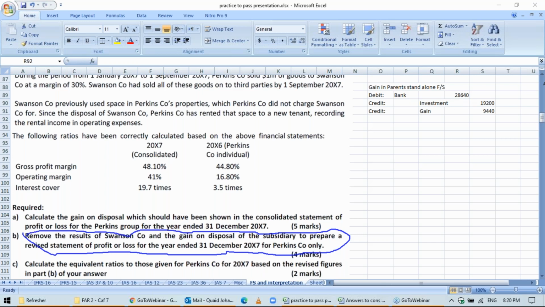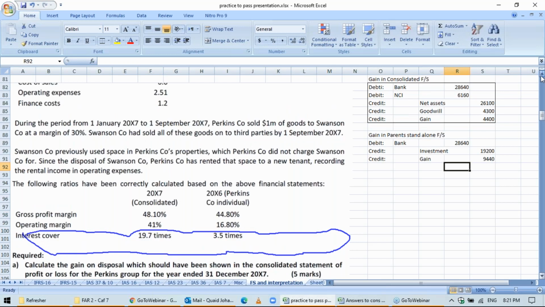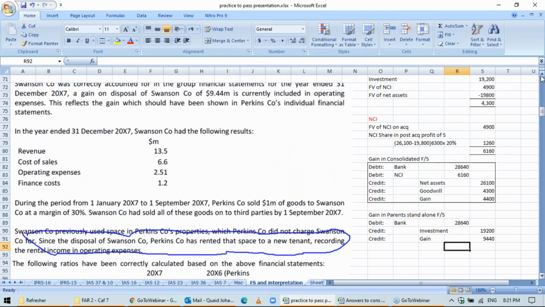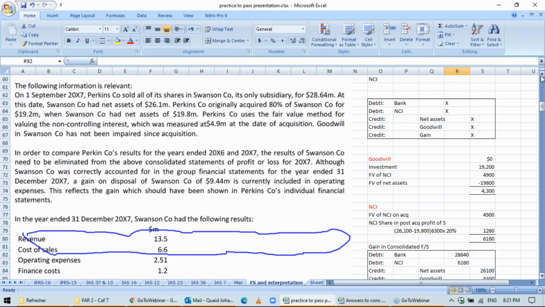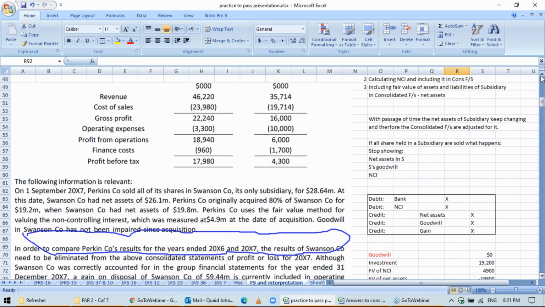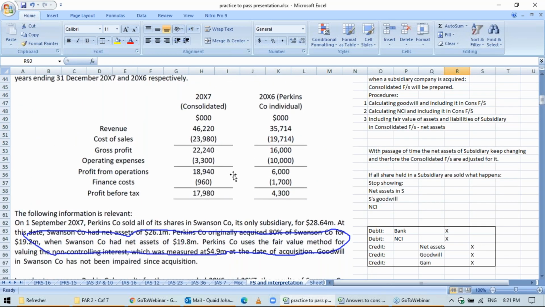In this question, if you note, they have given you an income statement. Just check, this is the income statement over here. And this income statement for the current year is consolidated.